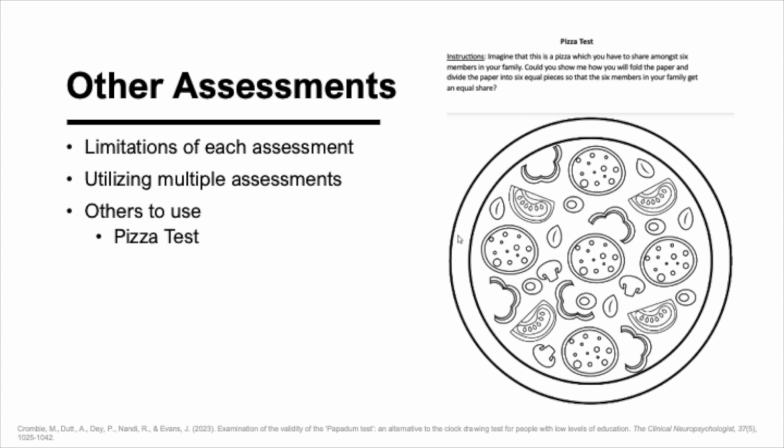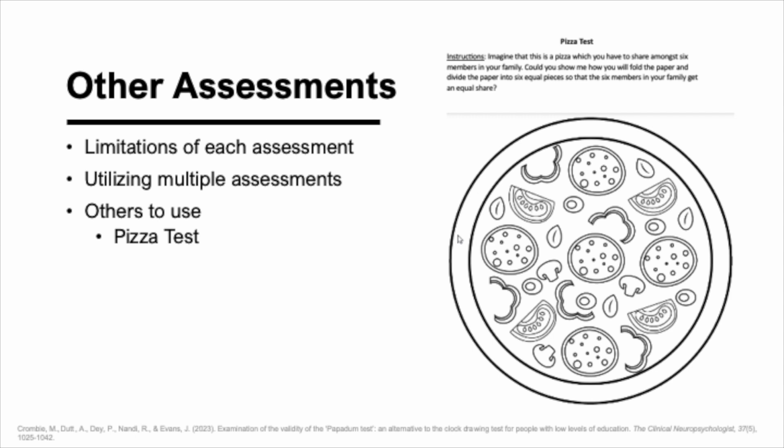For this one, you're asking the individual to slice it or cut it into 6 pieces for family or whoever. And when you score it, you're judging it off the size of the pieces, the number of the pieces, and the shape of the pieces. That's how you get the score.